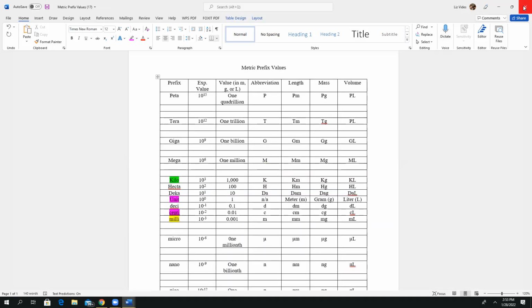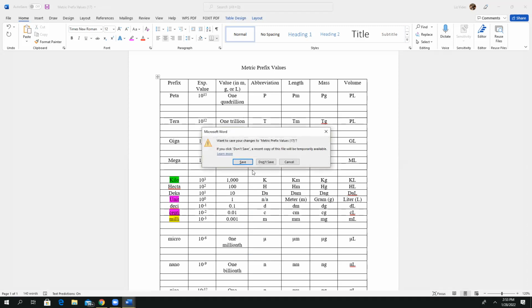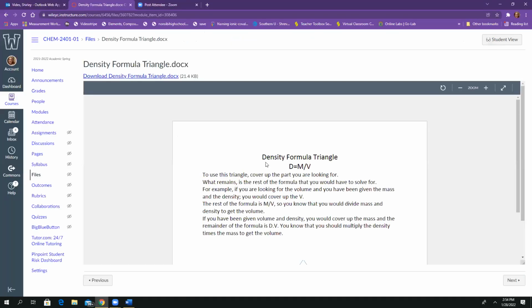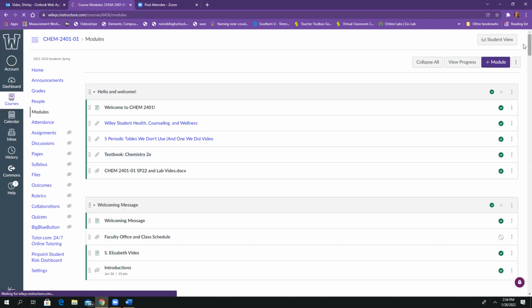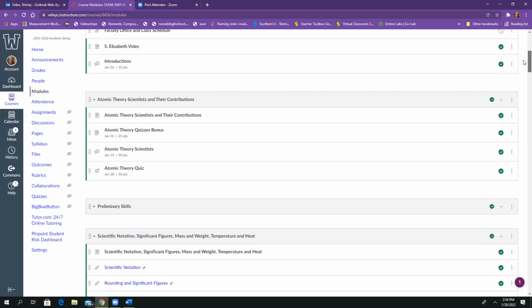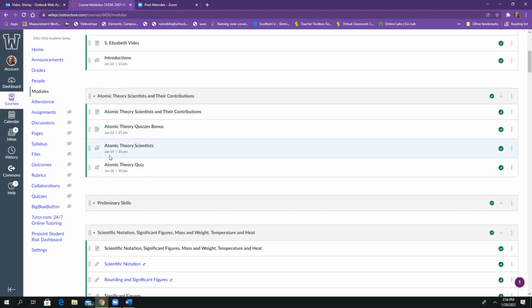All righty, and make sure that you download these two things. And don't forget your homework that you are supposedly due. Let's see, we have two. Tell me if you can see it, because somebody said, what homework? And I'm sure that it says it right here, January 19th, right?